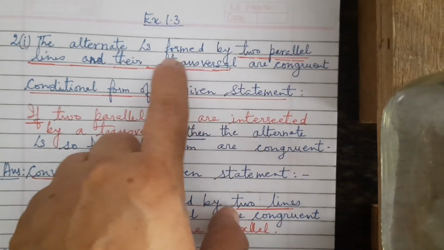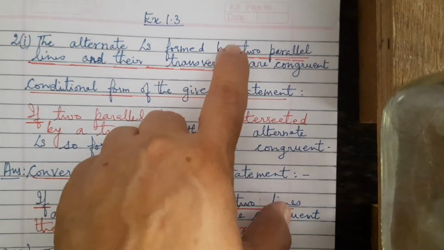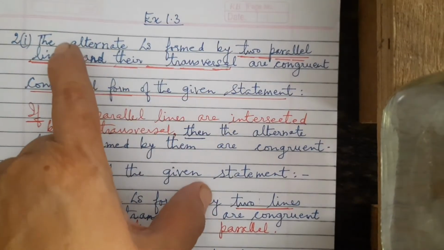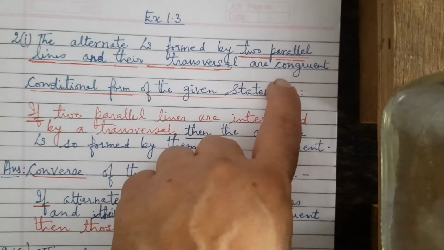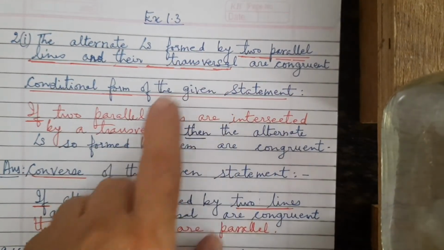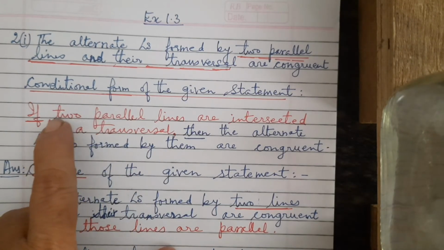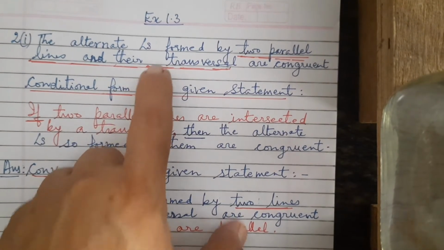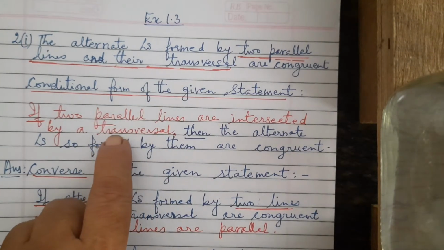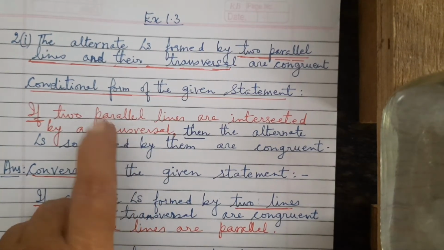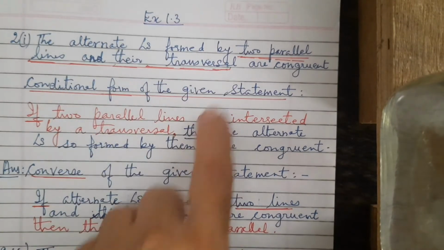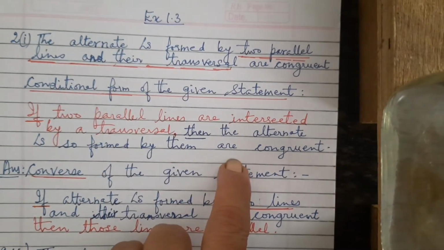So that will come in the if part, the two parallel lines and their transversal. And the remaining part will come in the then form. So this statement in the if-then form will be written as follows. If two parallel lines are intersected by a transversal, then the alternate angles so formed by them are congruent.